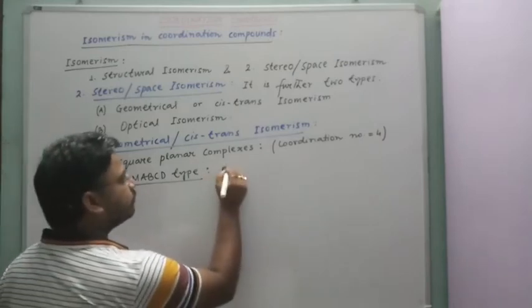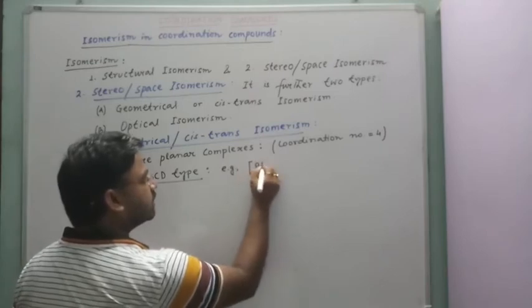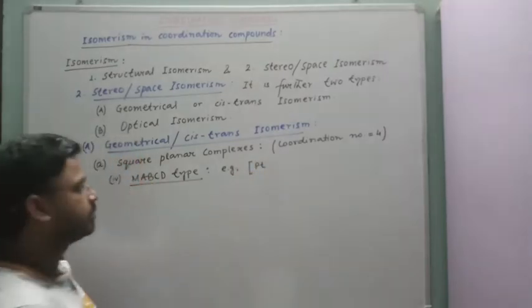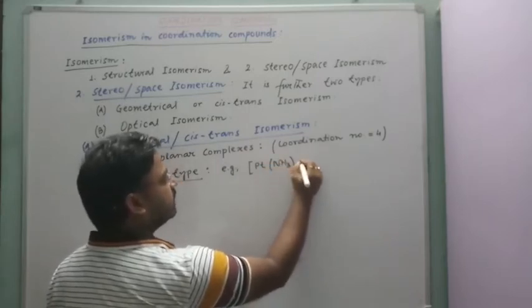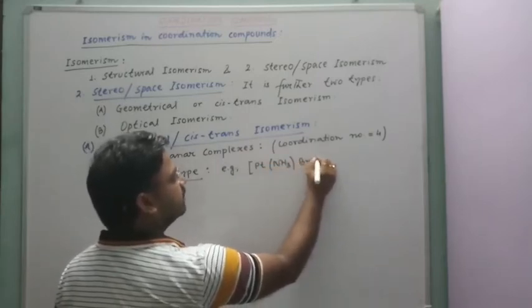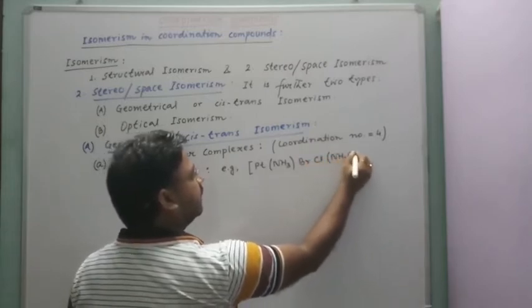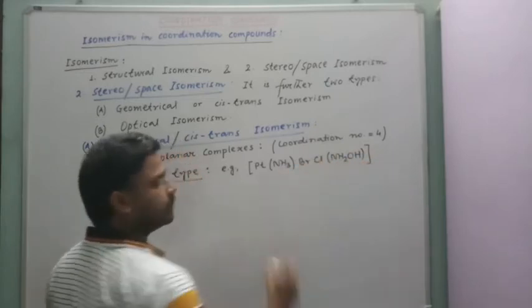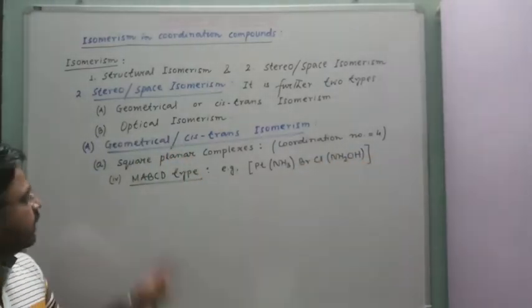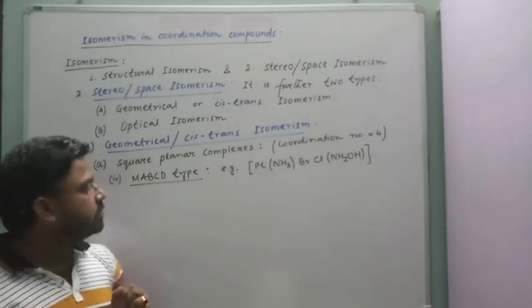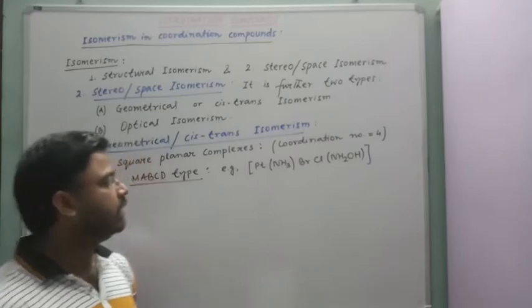The example, say platinum is the central atom, Pt, NH3, Br, Cl, NH2OH. So in this compound there are 4 different monodentate ligands.